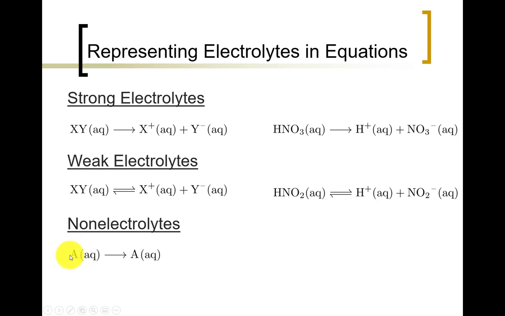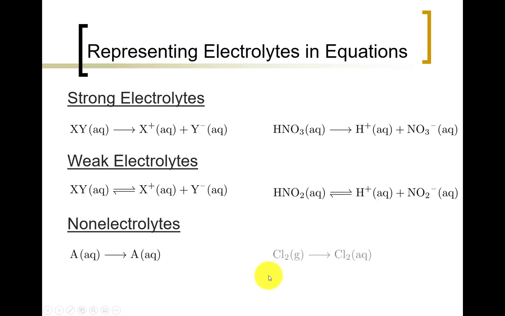For example, on the left, maybe we're starting with a liquid A, but it forms a solution of aqueous A when it's added to water. Or it might be a gas, or a solid, but ultimately it's written the same way. There are no ions shown on either side, and we're just using a regular arrow. The only time we use that double-sided arrow is with our weak electrolyte.